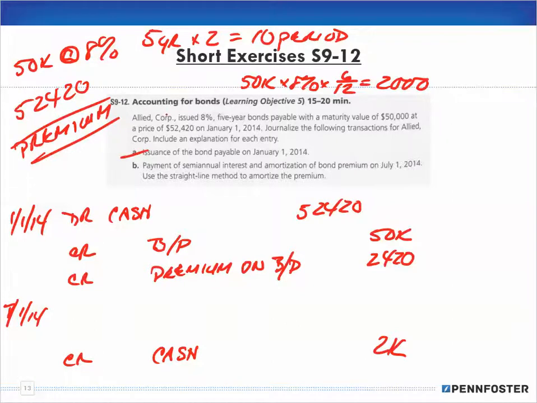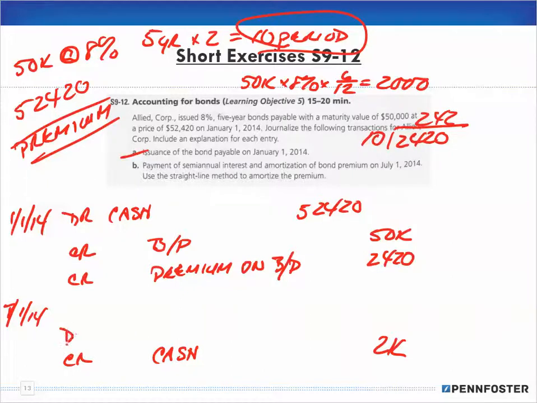But remember that this is a premium. We have to take into consideration the premium on the bonds payable. So if I have $2,420 of premium and I'm amortizing it over the 10 periods, that means it's $242 a period.